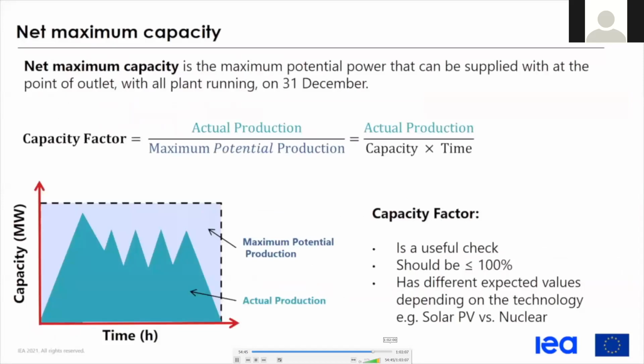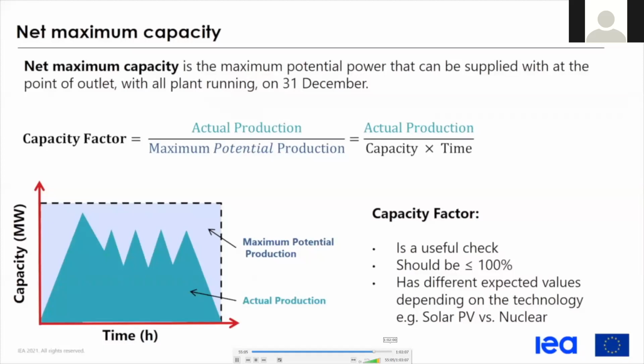Now, let's go back a little bit to when we were discussing capacities. In addition to production, consumption, and trade data, we also try to capture in our data the power plant capacities, specifically the net maximum capacity.